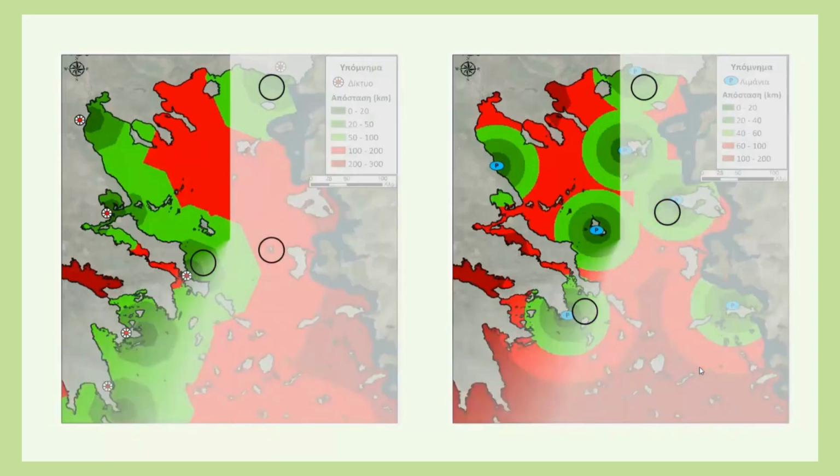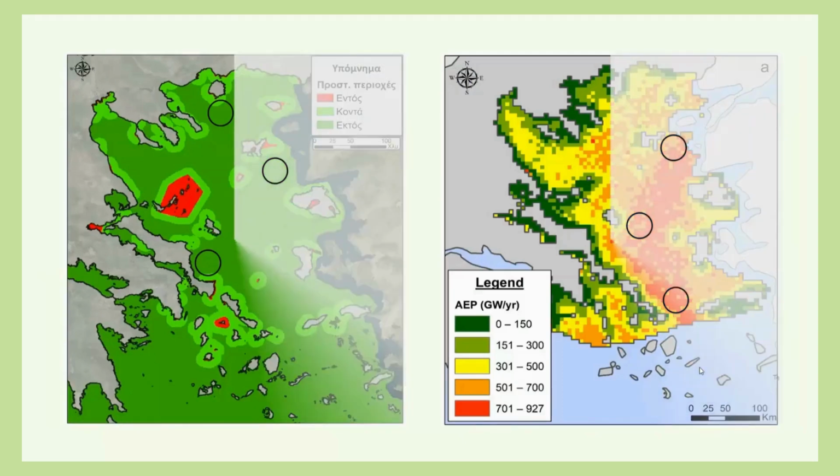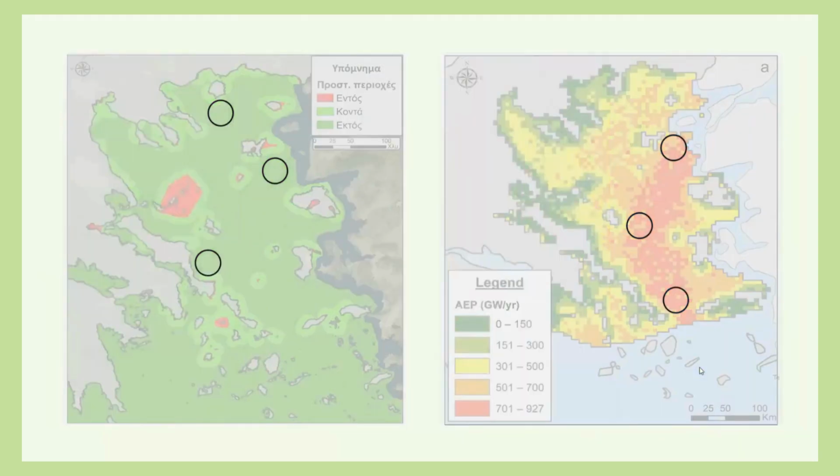The same thing for the distances from the onshore cable junctions and from ports, 3 circles on each one of those criteria. And the same thing for the environmental criteria and the energy criterion.